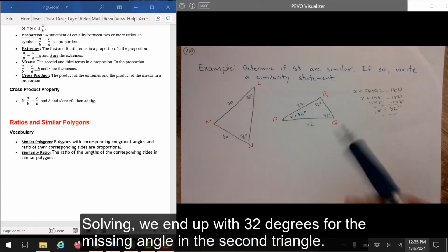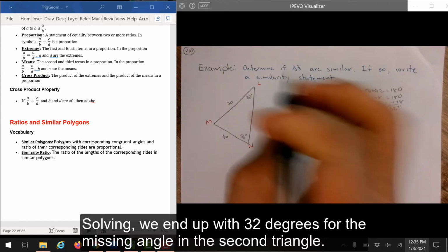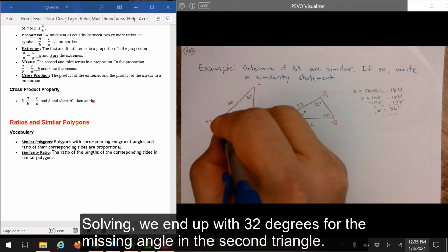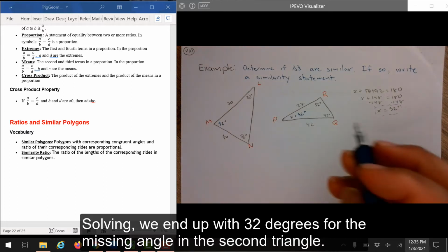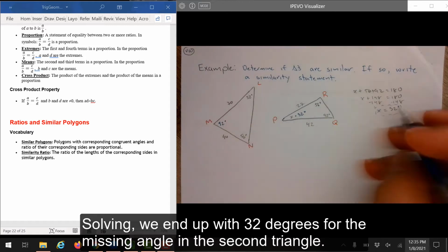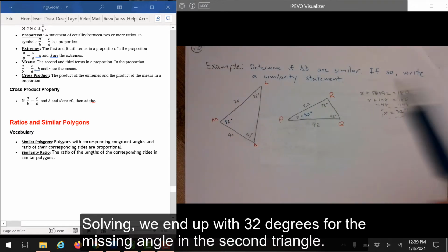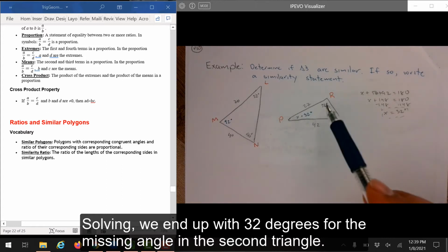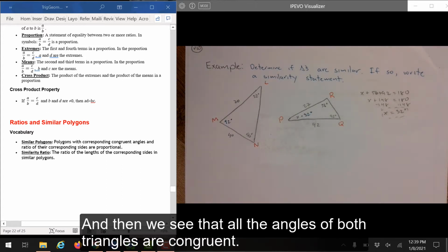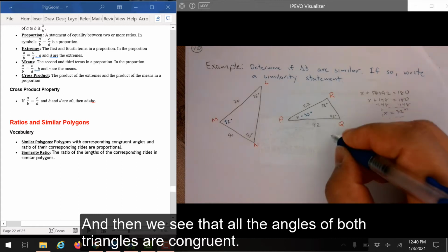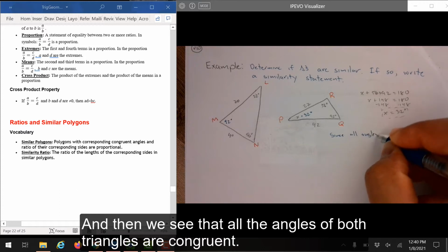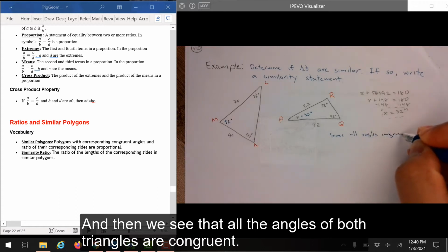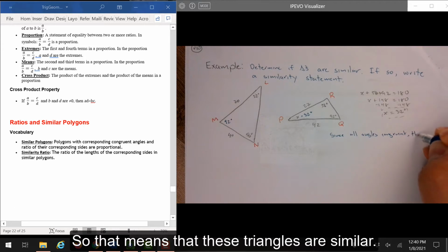Solving, we end up with 32 degrees for the missing angle in the second triangle. And then we see that all the angles of both triangles are congruent. So that means that these triangles are similar.